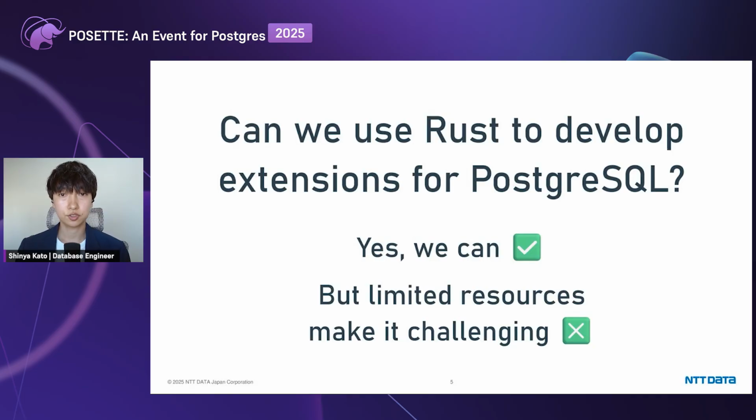This talk aims to provide assistance for developing Postgres extensions using Rust. Furthermore, drawing from my own experience implementing Postgres extensions in Rust, I will share practical insights covering both the pros and cons.